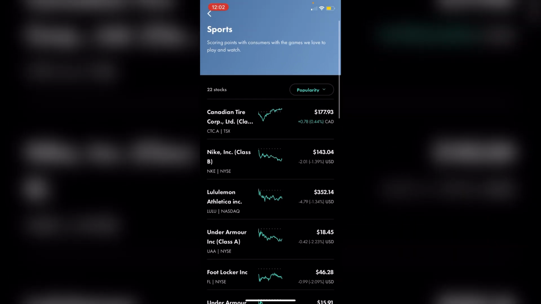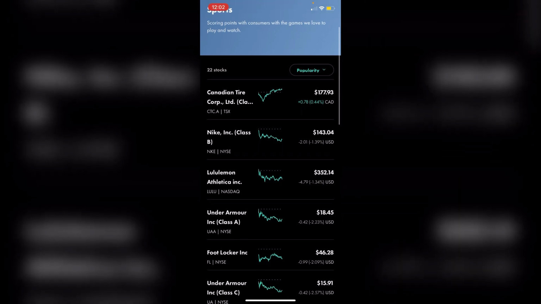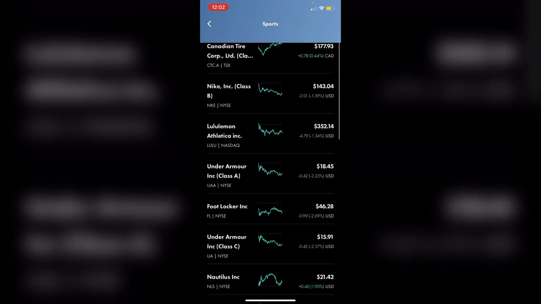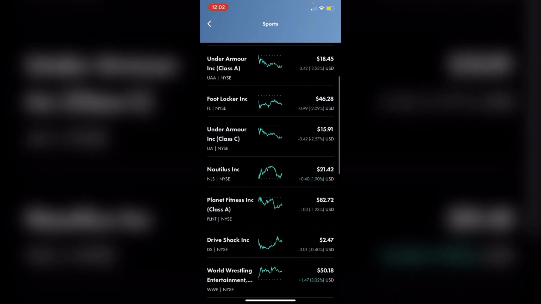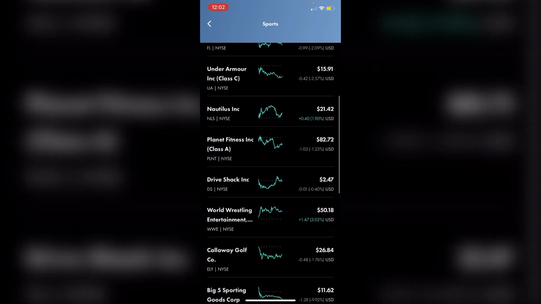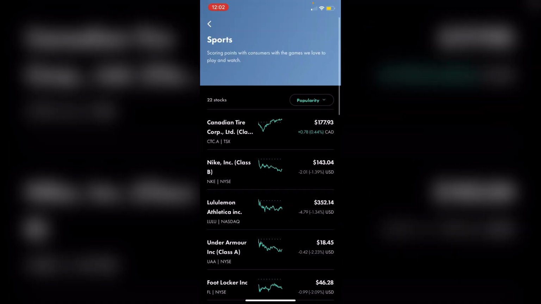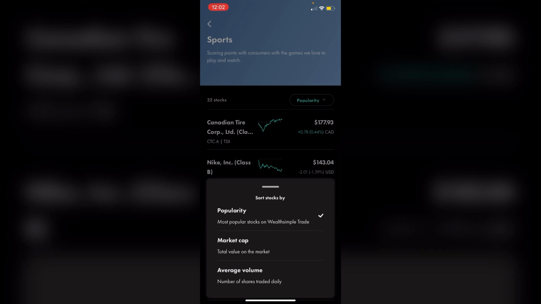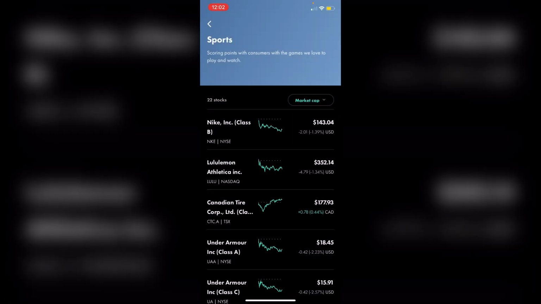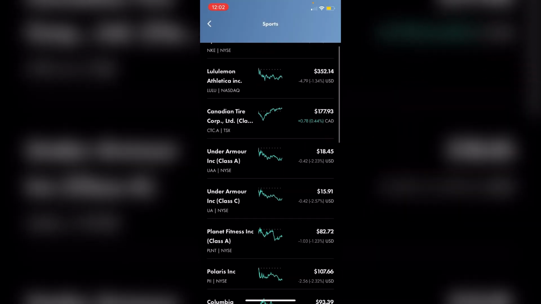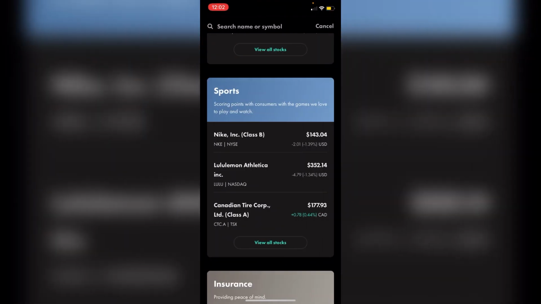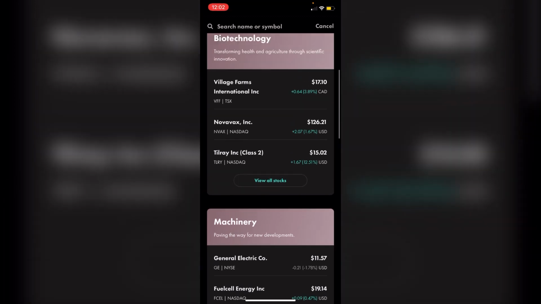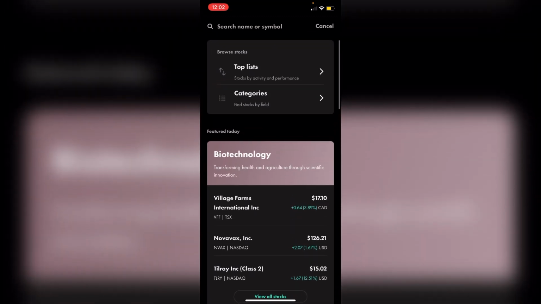And this will show you all the most popular stocks, okay? So you got Canadian Tire, Nike, Lululemon, you know, stocks that are in that category of sports fitness, it seems like. Popularity, what else we got here? Oh, market cap. So it'll tell you where people are mostly invested. Nike. Okay, shows you Nike has a huge market cap, and this is just amazing. Okay, this is actually so helpful if you're ever looking for stocks.